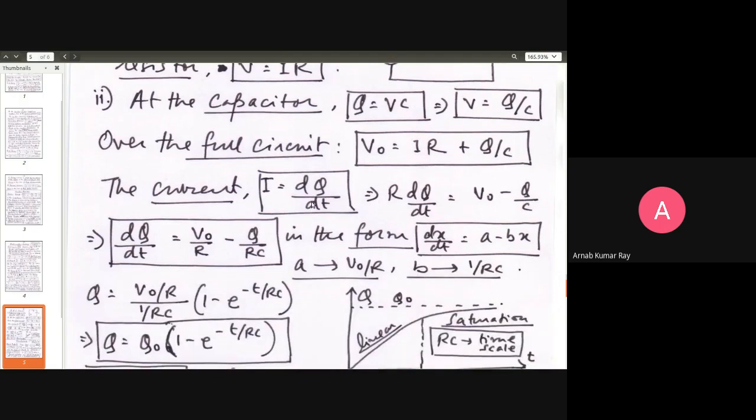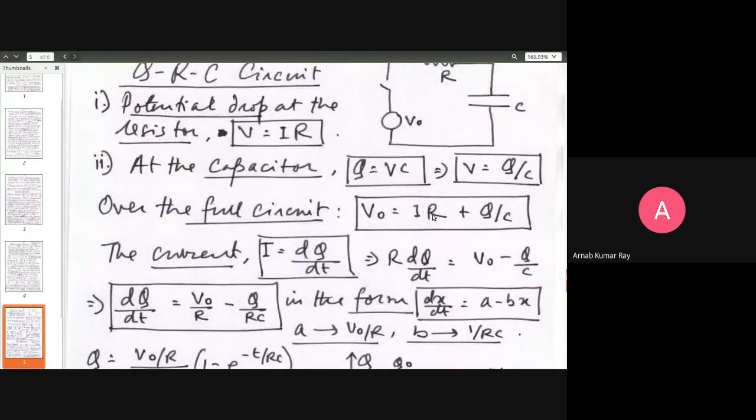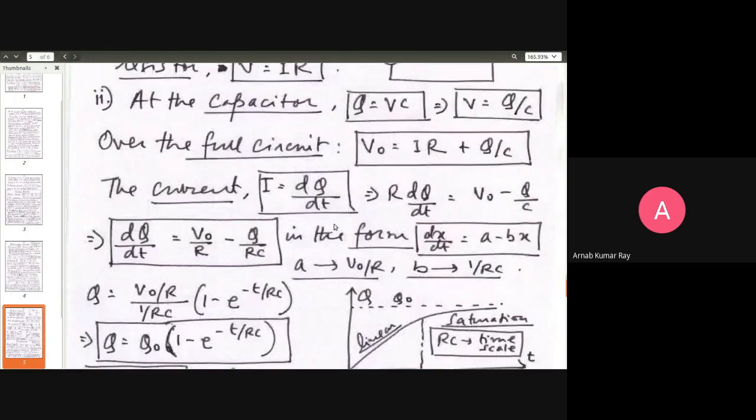Now, what is current? If you look at it, V naught is constant, C is constant, R is constant. The only two things that change are Q and I. So what about I itself? I is equal to dQ/dt, the time rate of flow of charge.